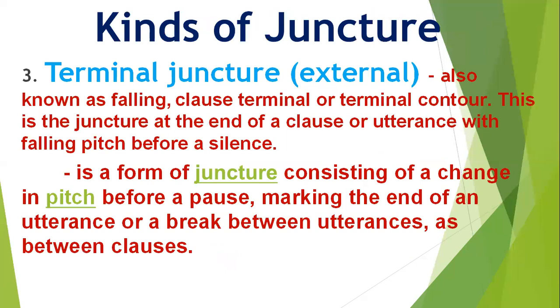Next, we have the third example. This is terminal juncture, or we also call this external. This is also known as falling clause terminal or terminal contour. This is a juncture at the end of a clause or utterance with falling pitch before a silence. So please take note that this is a juncture at the end of a clause.